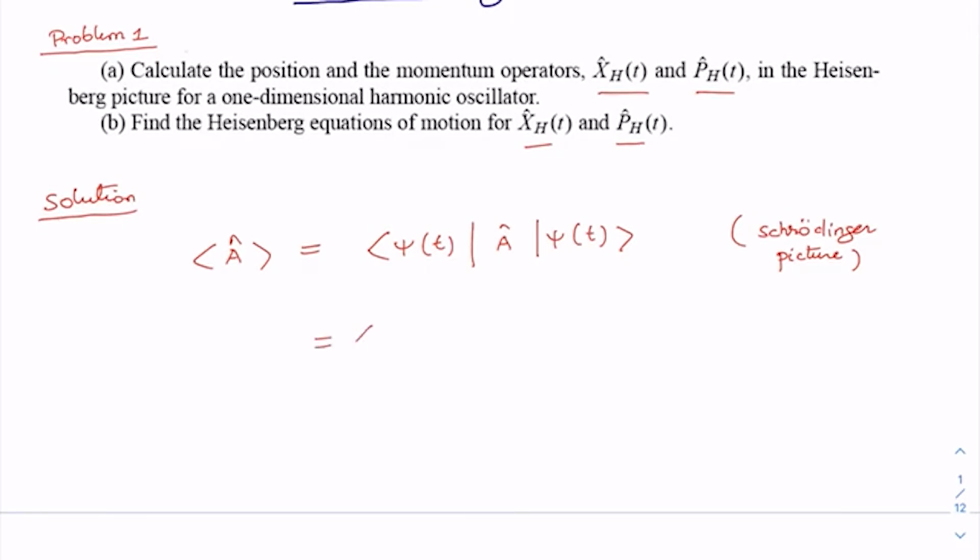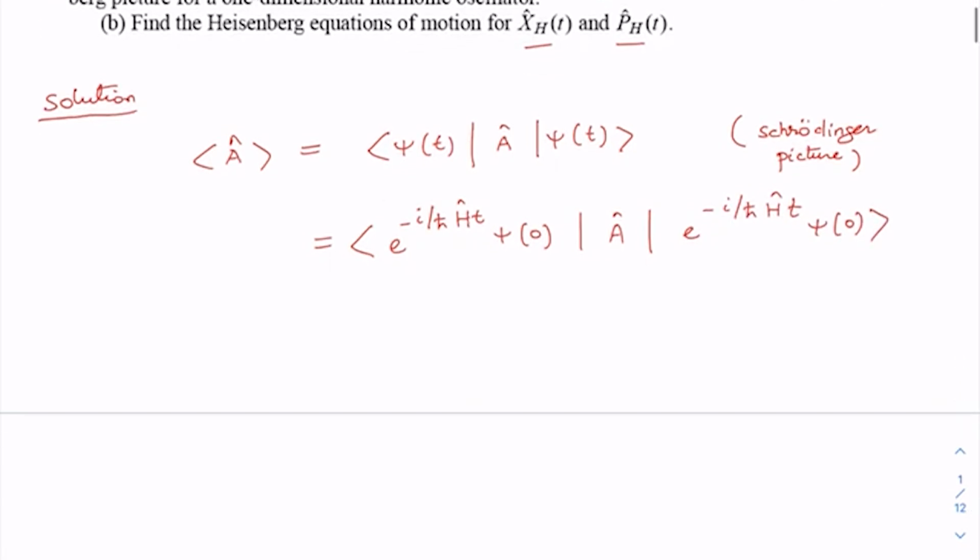This I can write because I know how this wave function evolves under the time evolution operator, that is e to the power minus i by h cross H of t, where H is the Hamiltonian of the concerned system, acting on psi of 0.